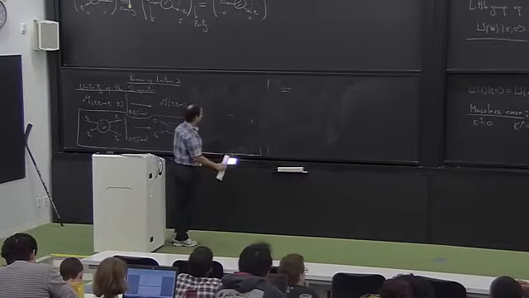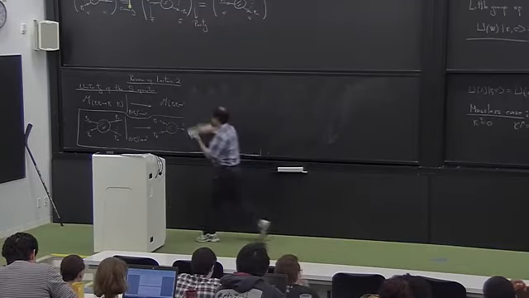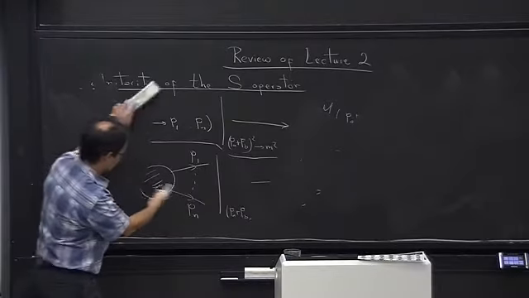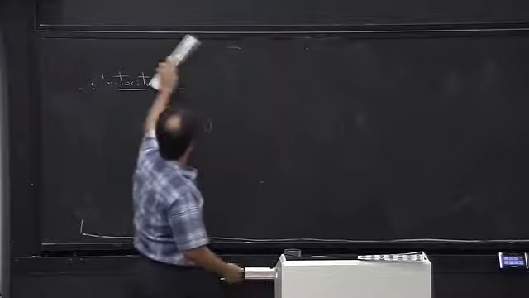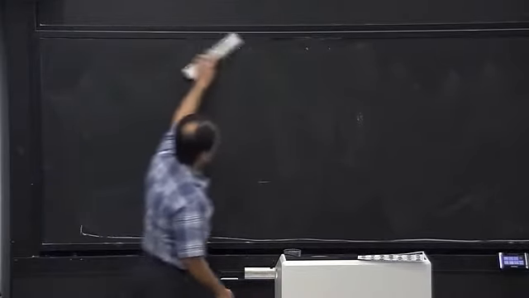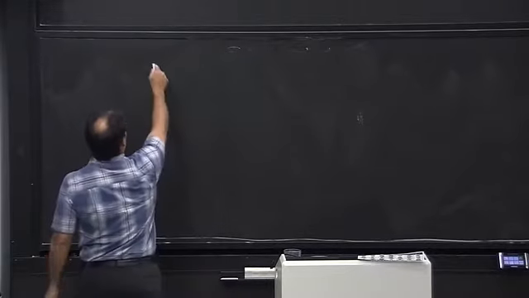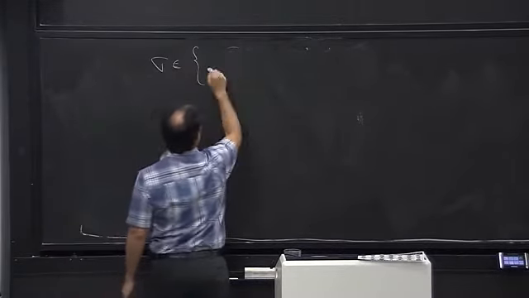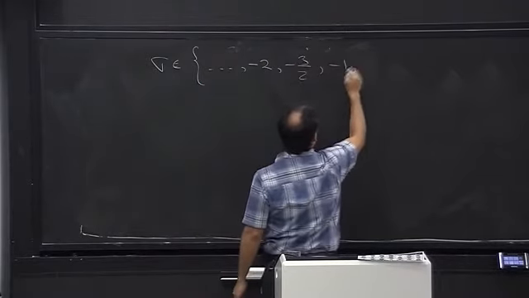Oh, I erased a beautiful picture. I mean, beautiful in the sense that the physics of the whole picture is spectacular. Well, that's life. So we are concluding that for massless particles, sigma can take values of this form.